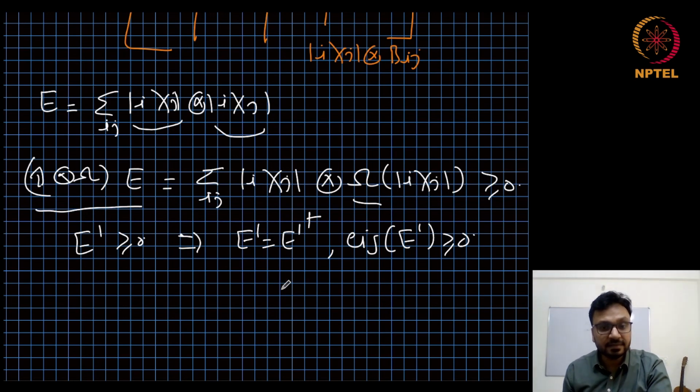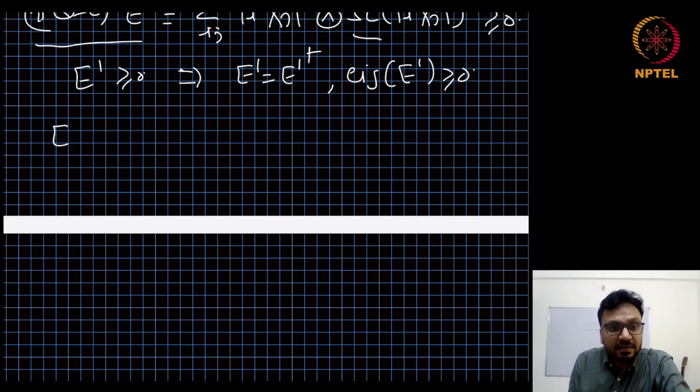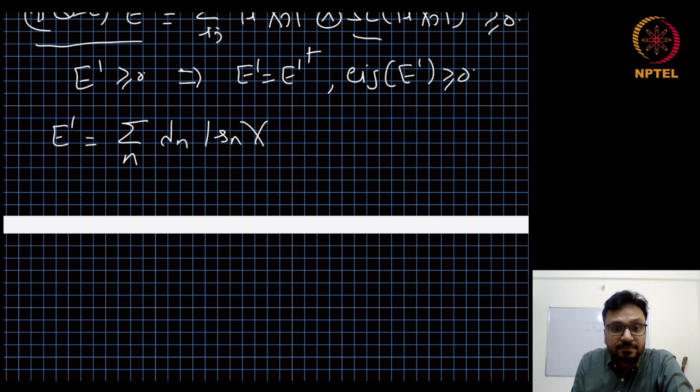It means that E prime possesses a spectral decomposition: sum over n of lambda n |Sn><Sn|, where Sn are the eigenvectors and lambda n's are the eigenvalues.